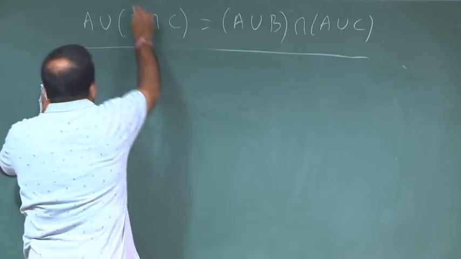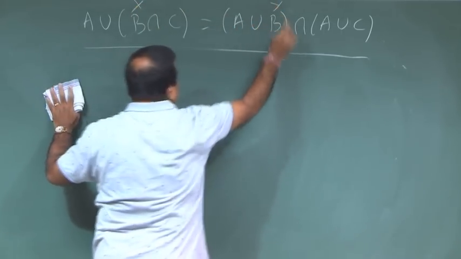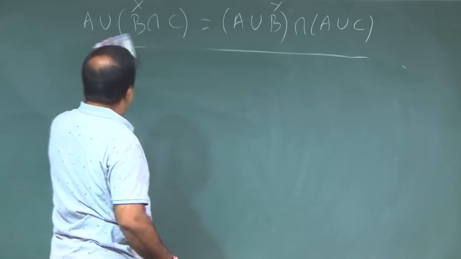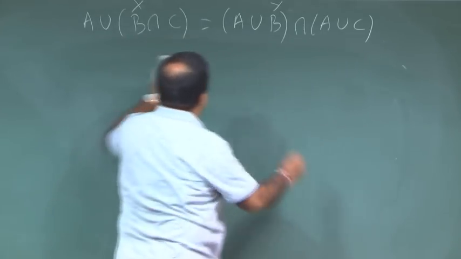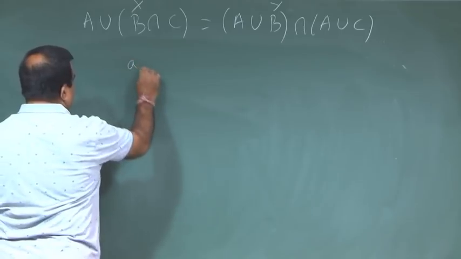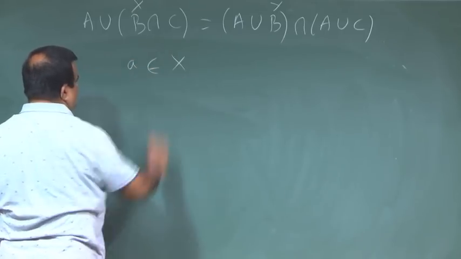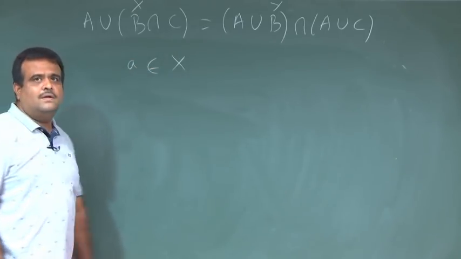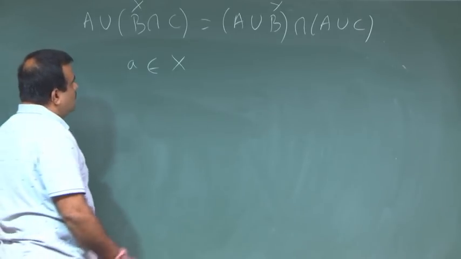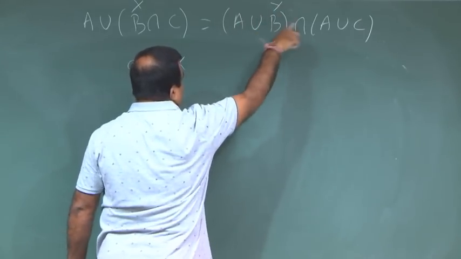So, this is our x, this is our y, this whole set. Okay. So, let us take an element from x. So, a belongs to x. So, this whole set is y, not only this. Okay.